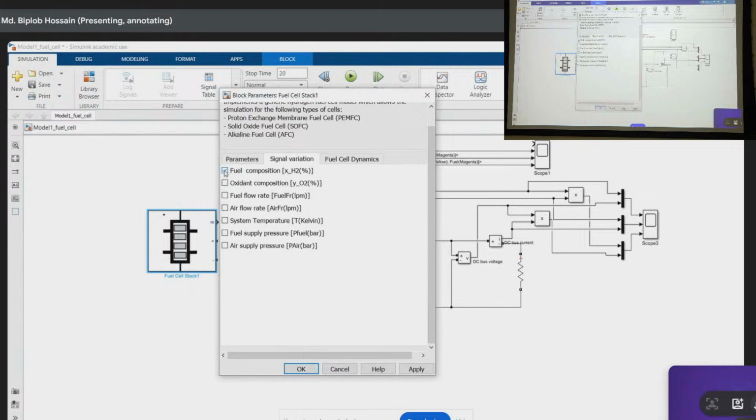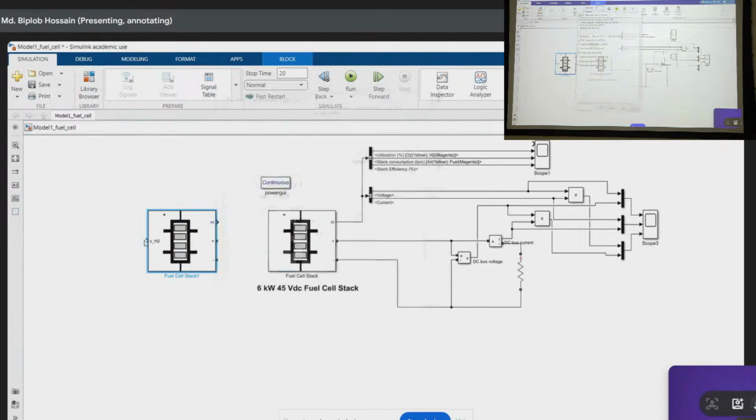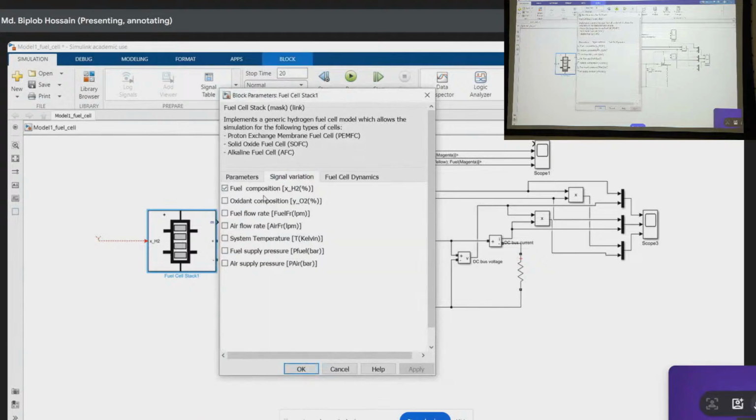If you click here, there is an input probe where you can define the fuel consumption percentage. There are some internal defaults, but if someone wants to give their own input, they can do it. Yes, if you want to provide a specific value from your design perspective, you can put it.